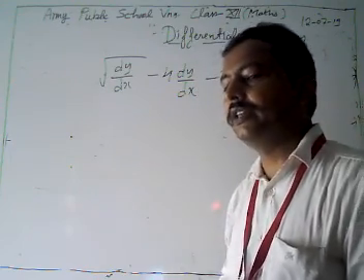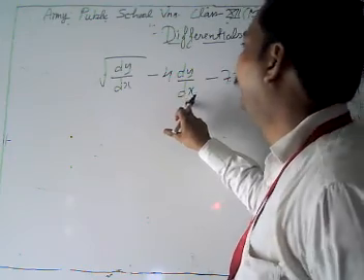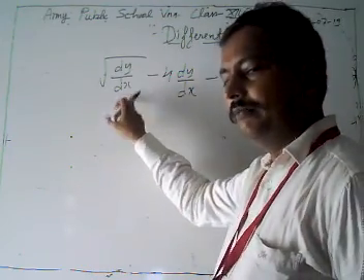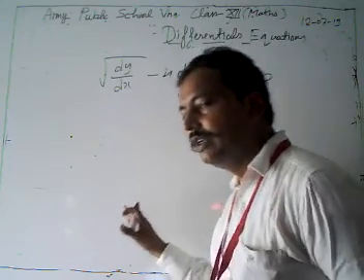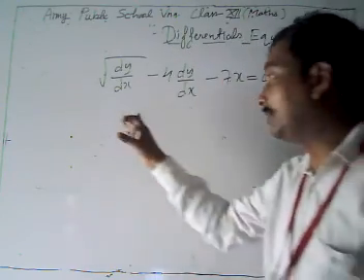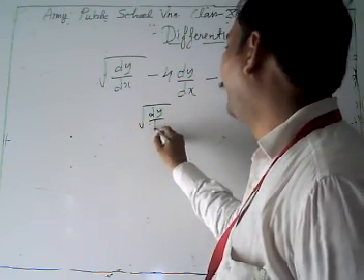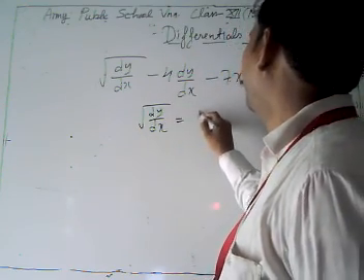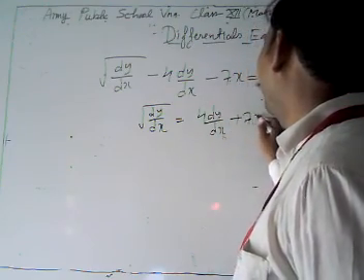Look, dy/dx is our derivative, and there is a radical on our derivative. First of all we try to remove the radical. We can write root dy/dx is equal to 4 dy/dx plus 7x.